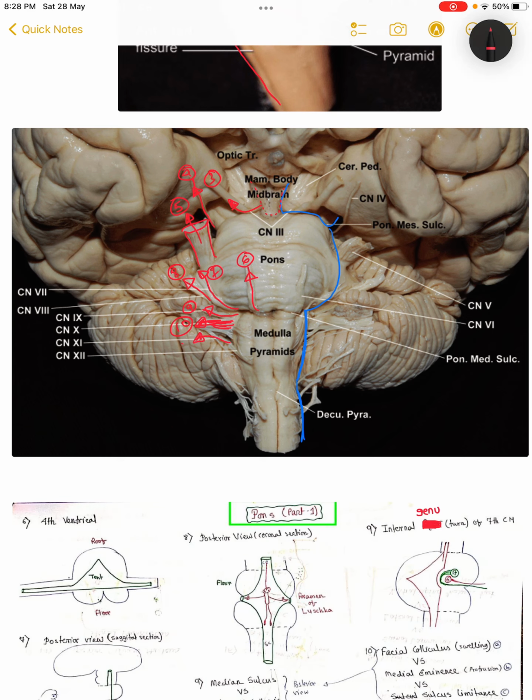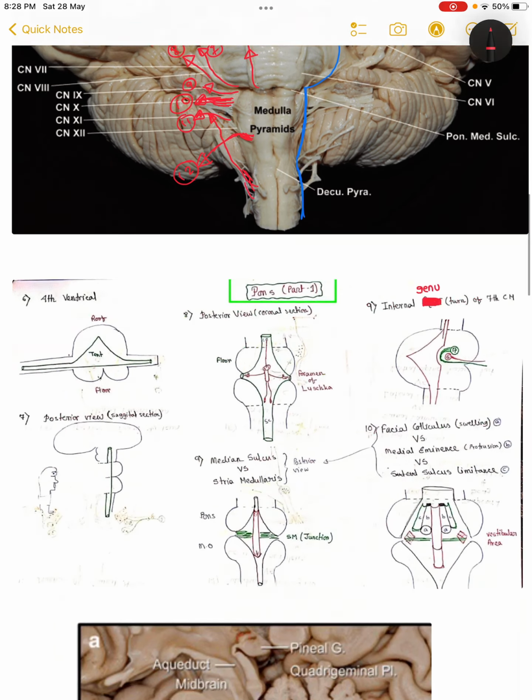This is our accessory nerve, and it has some spinal branches I just talked to you about. And the last nerve is our hypoglossal nerve. Claro? Okay. Now let's move forward.